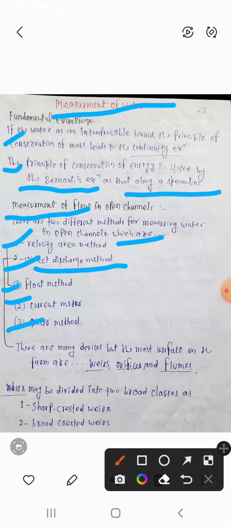There are many devices, but the most used on the farm are weirs, orifices and flumes. Weirs may be divided into two broad classes: first is sharp crested weir and second is broad crested weir.